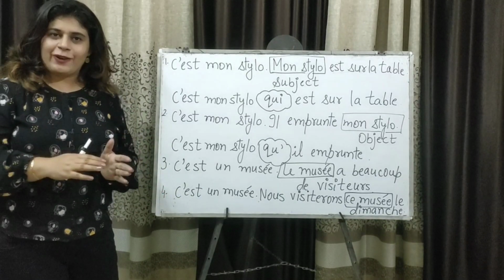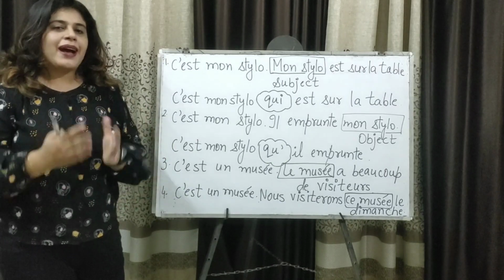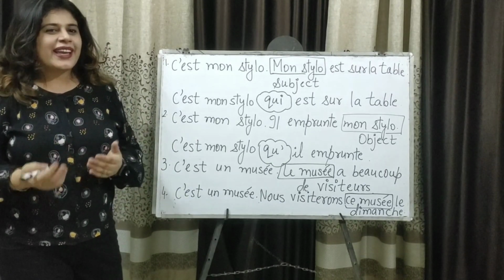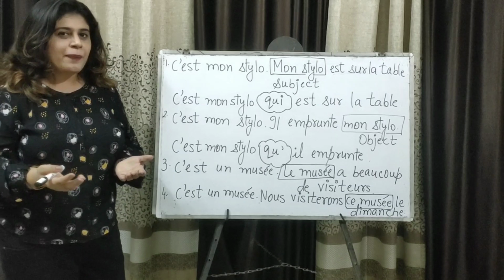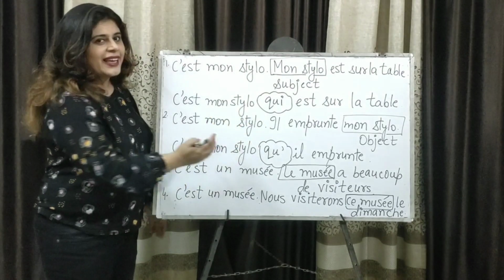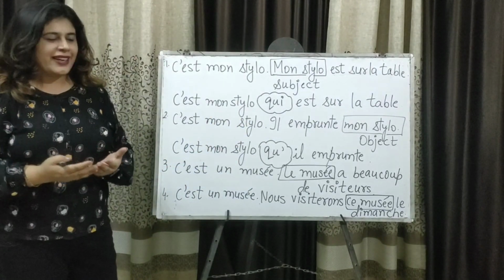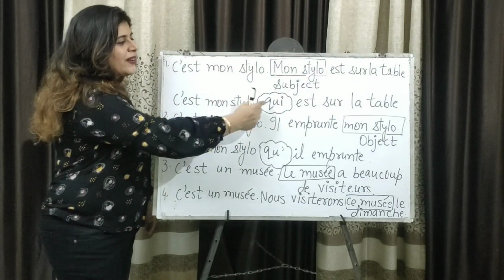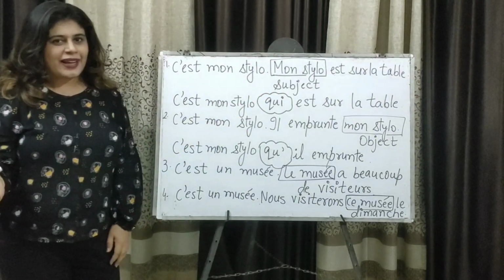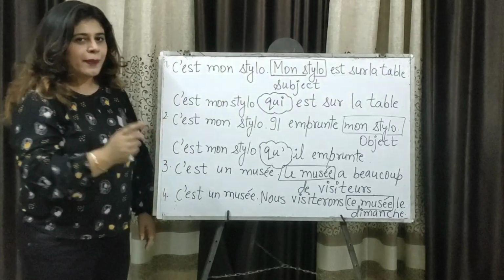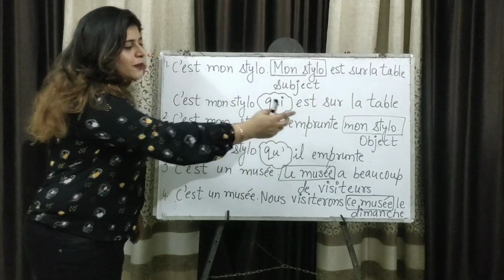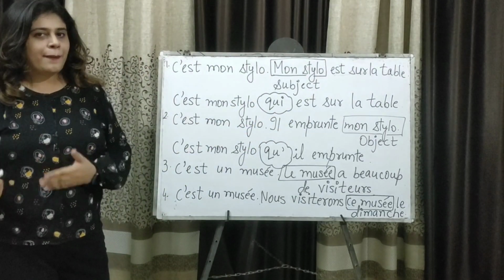So the common noun is stylo, and in the second case, mon stylo is working as a subject. So how can I replace it? I replace it with qui and I'll join the two sentences with it. So c'est mon stylo qui est sur la table. In second example, il emprunte mon stylo, he is borrowing my pen.